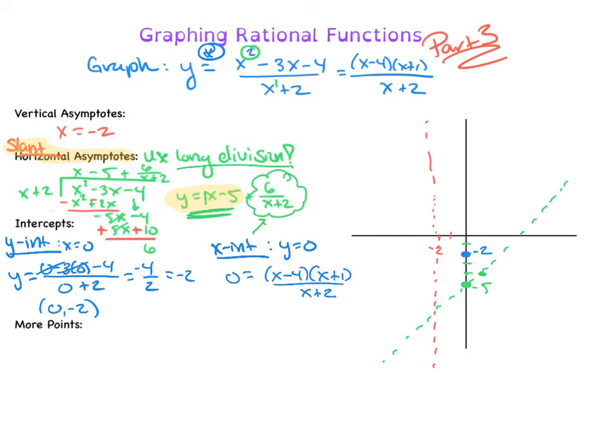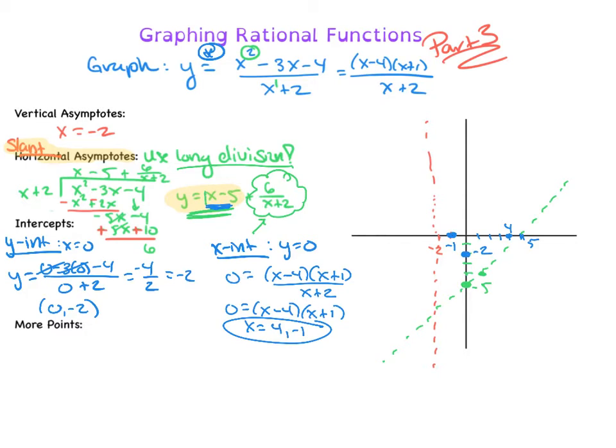Multiplying both sides by x plus 2 gives us 0 equals x minus 4, x plus 1. So our two x-intercepts are x equals 4 and x equals negative 1. X equals 4, 1, 2, 3, 4. Remember, if this is y equals x minus 5, x equals 5 is that point right there. And x equals negative 1 is right there.